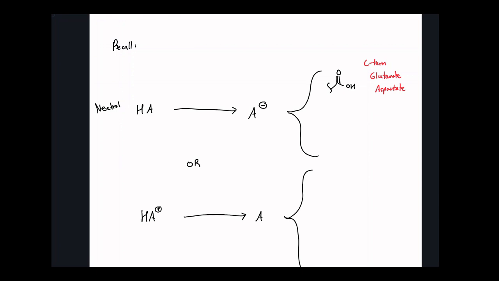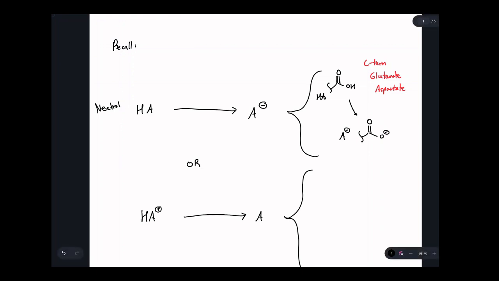In all of these cases, we see carboxylic acids. So that's one example, where the HA form turns into the A- form. The A- form, therefore, has a negative charge, and the HA form is neutral.